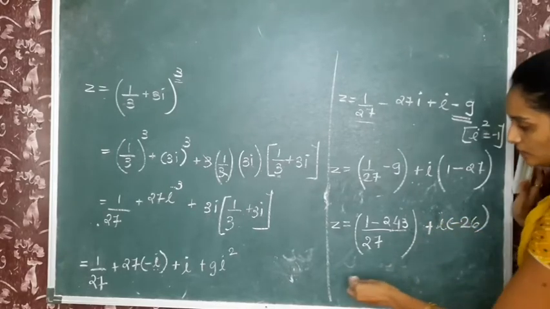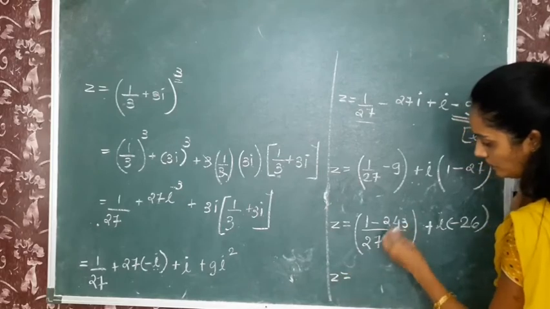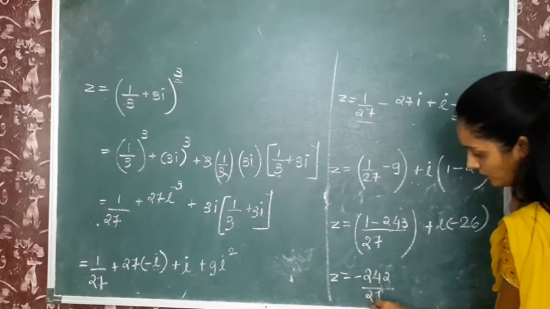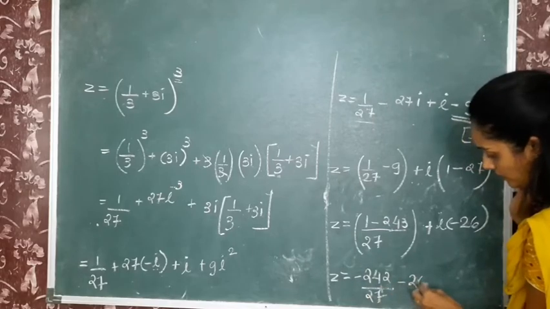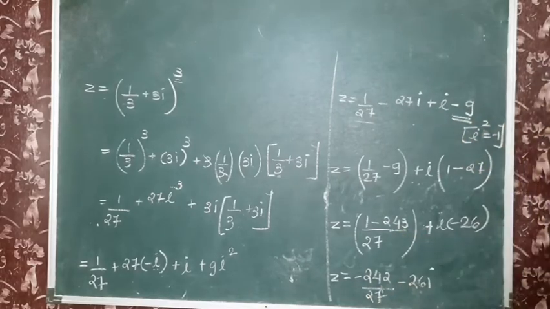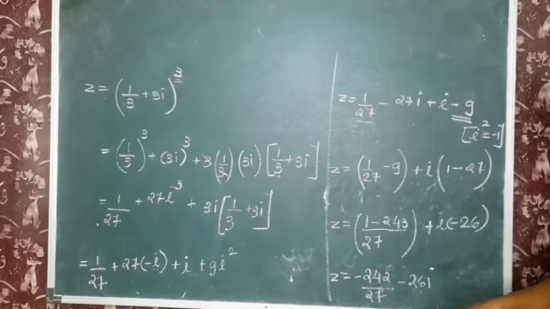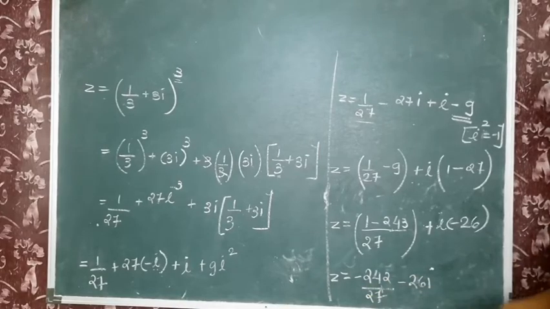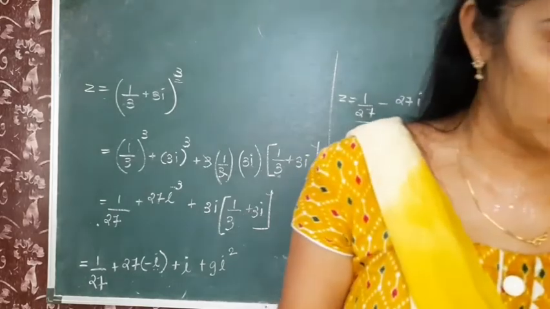So z is equal to minus 242 upon 27 minus 26i, which is the a plus ib form, otherwise the standard form. For a, minus 242 upon 27, and imaginary part b is equal to minus 26.